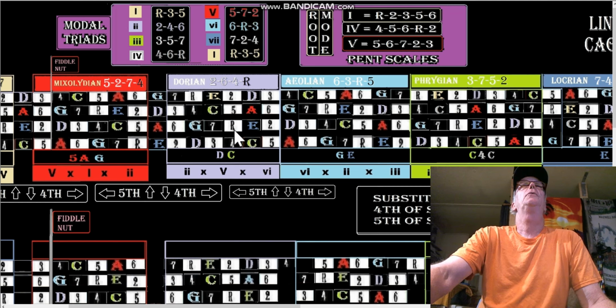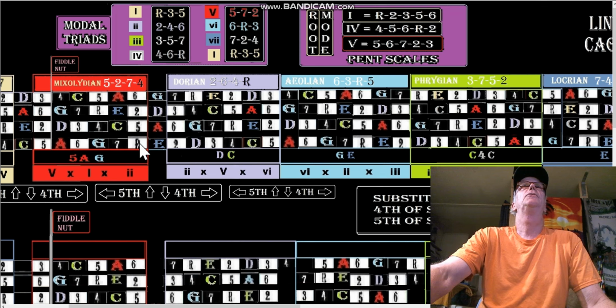So look what happens here. It's going to be 5, 7, 2 right there. When we move the pattern up, root becomes the fifth, 7 becomes the third, and 2 becomes the fifth.